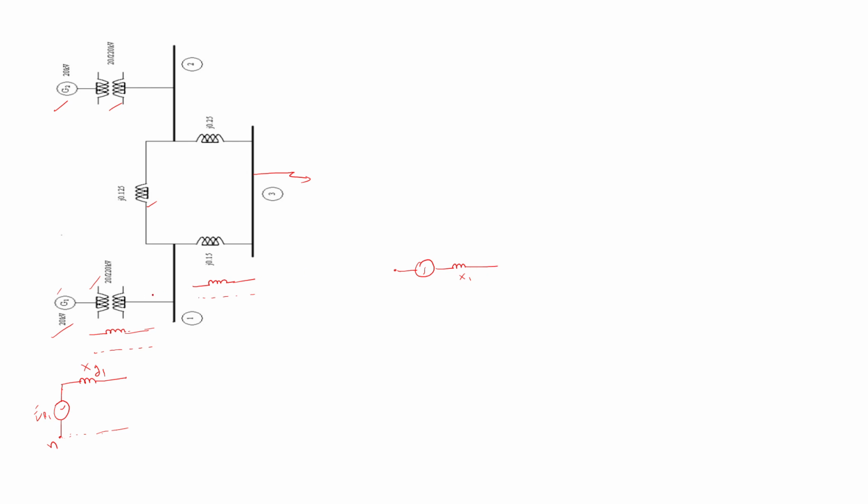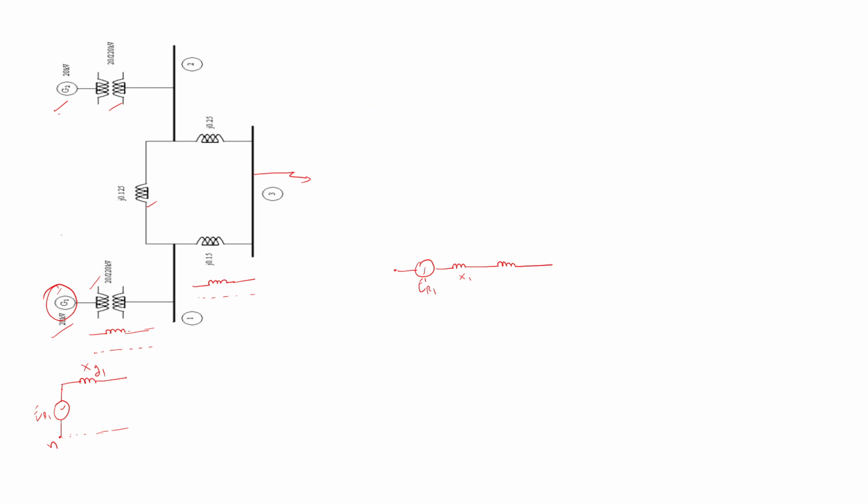So for generator 1, the positive sequence diagram is completed. Next we have a transformer, whose positive sequence diagram is simply a reactance.